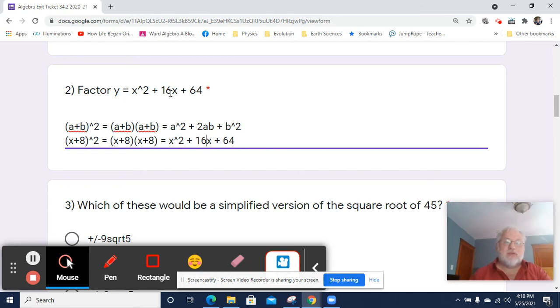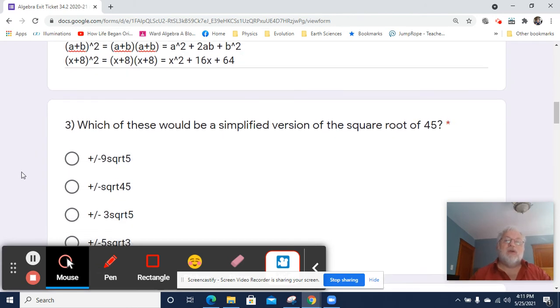So this middle term is going to be 2 times the product of the square roots here: the square root of x squared times the square root of 64, so that's x times 8 times 2, which is 16x. So whenever you see a perfect square in the front and the back, start being suspicious that you might have a perfect square. And right there, this is the factoring of it. You could have written it the long way, but this is actually quicker: x plus 8 squared.